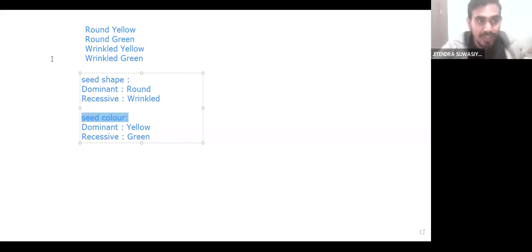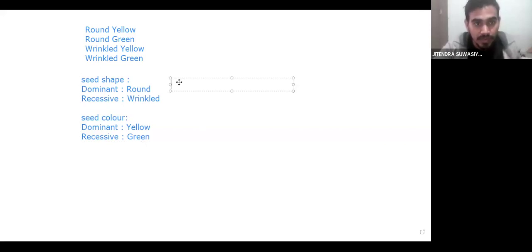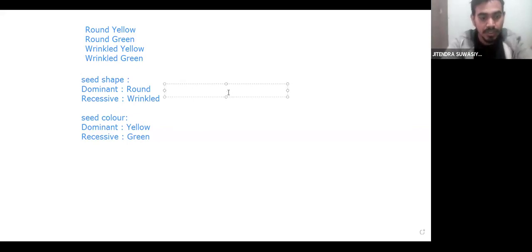So for dominant, he used the term capital R, and for recessive a small r. Like that, in the seed color, he took capital Y for the yellow one and small y for the green one.